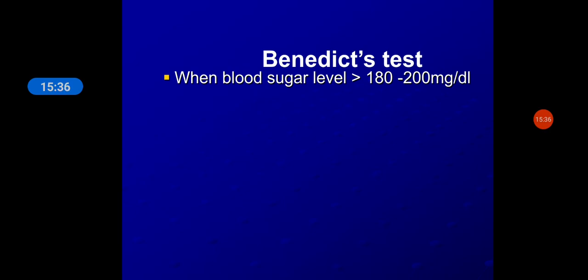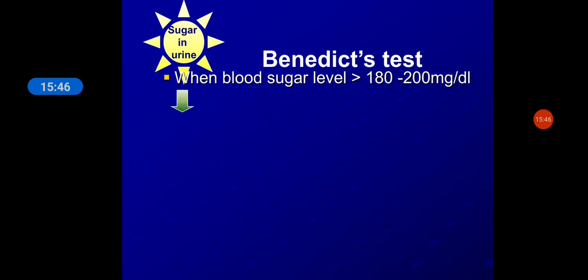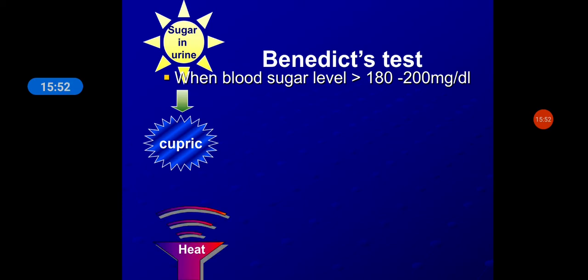So when will you get sugars in urine? When the glucose level is more than 180, or ranging between 180 to 200. The cupric form which is present will get converted to cuprous form when you heat it.